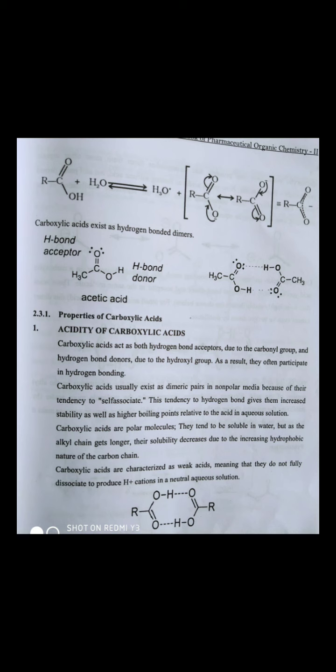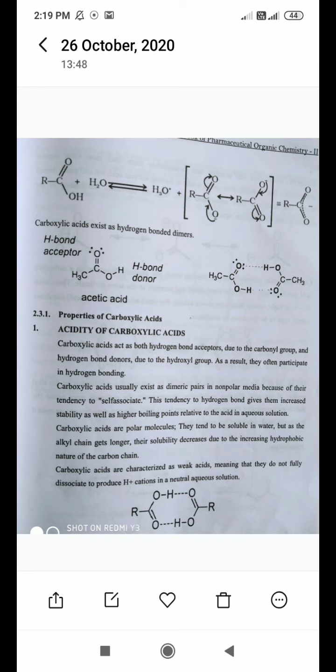Then carboxylic acid exists as hydrogen bonded dimers. If two molecules of the acid come together, they can form dimers. Dimers means they can form a bond between them with the help of hydrogen bonding. Why does it favor hydrogen bonding?